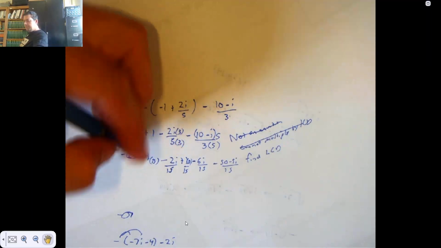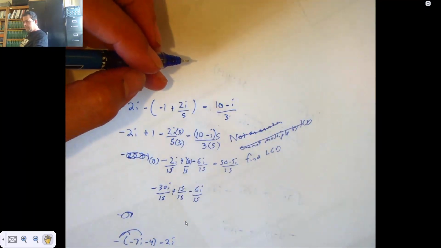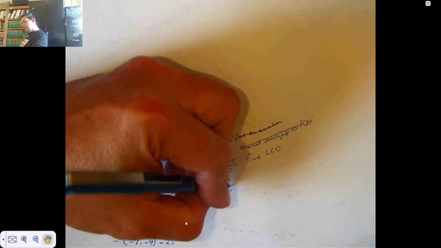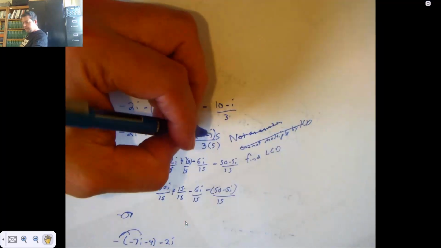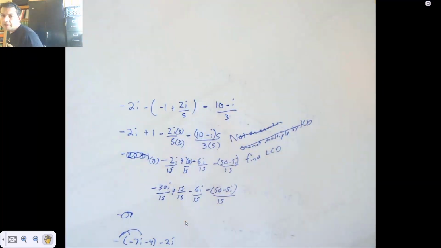So 15 the top here gives me a negative 30i over 15, plus 1 times 15, 15 over 15, minus 6i over 15, and then minus 50 minus 5i over 15. And I should not have dropped those parentheses. They're still actually required there, otherwise you'll tend to make a mistake.